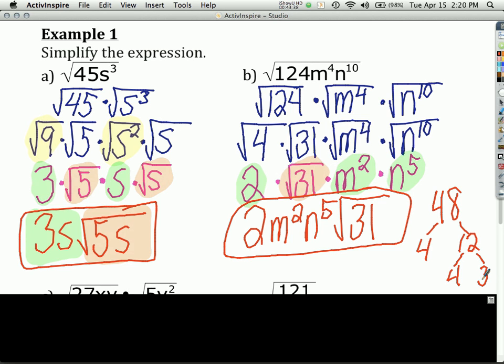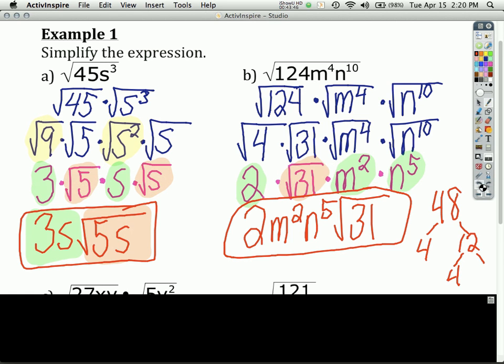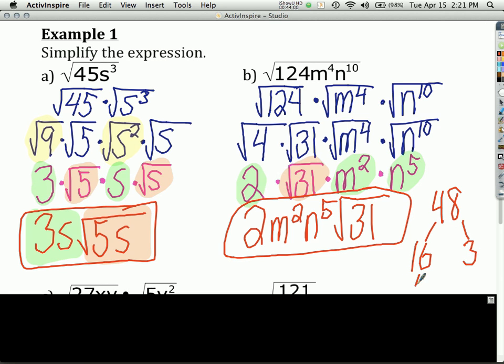One more factor. Danielle? 16 and 3. If you split this into 16 and 3, then you take the square root of this, it's 4, and then you leave that as radical 3, and then you're done.